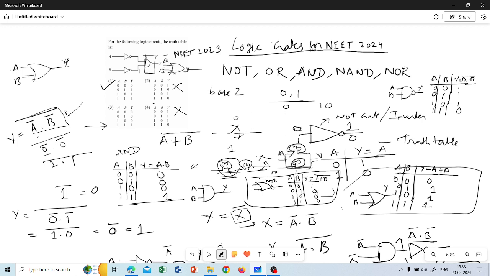Finally, after solving, you will get that it is nothing but an AND gate. So this is also one example of how to solve a question related to logic gates. This is a very simple topic, and we must not miss out on this. Thank you.